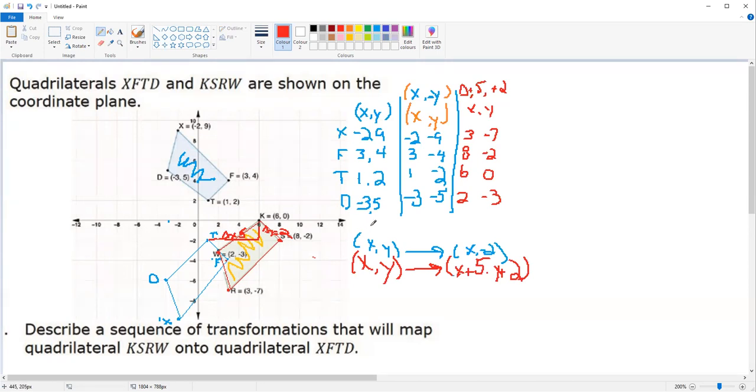Okay. 6 and 0 is K, which lines up with T. That one's check. I have an 8 and negative 2, which lines up with F, which lines up with S. That's check. 3 and negative 7.